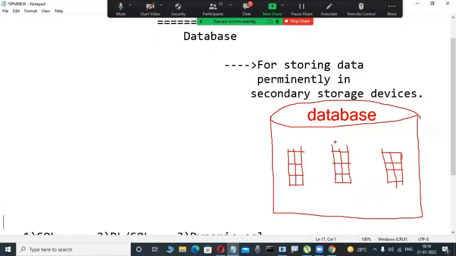That's why the structured collection of data is stored this way, and we work with this data using SQL, a language, structured query language.